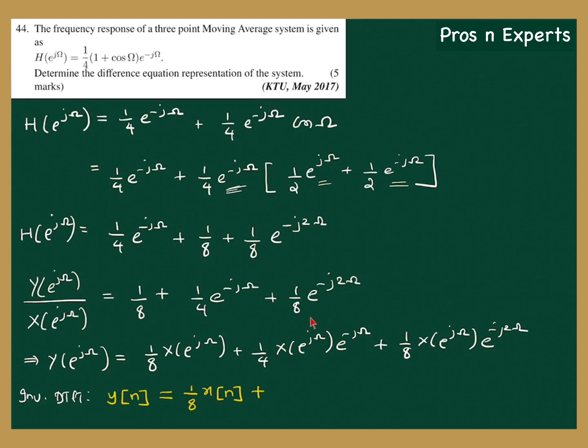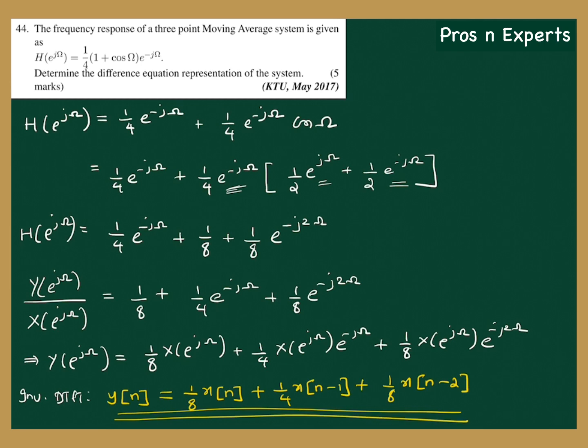This is according to the time shift property of Fourier transform. So its inverse will be 1 by 4 x of n minus 1. Okay, plus for the final term, this is e raised to minus j2 omega. So time shift will be 2 units. So 1 by 8 x of n minus 2. So this is the difference equation representation. That's the final answer.